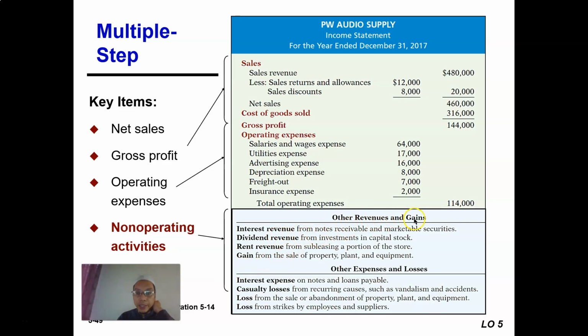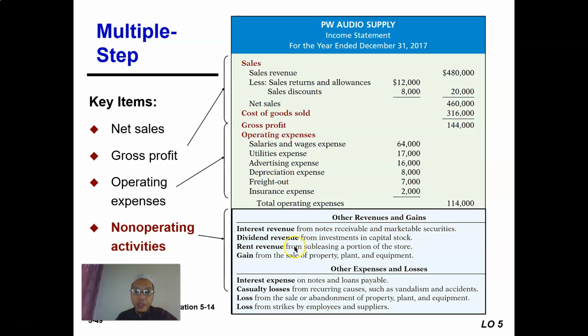Other revenues and gains include interest revenue, which we've mentioned before, and also dividend revenue. If the company invests in stock in some other companies, that is not their core business. Their core business is to sell merchandise, but they also invest in capital stock, so the dividend that they receive is other revenue.